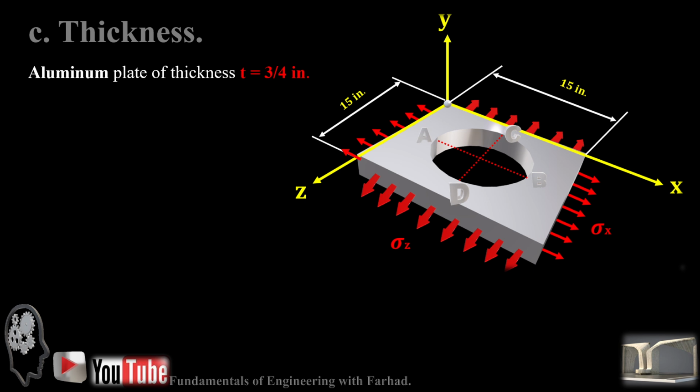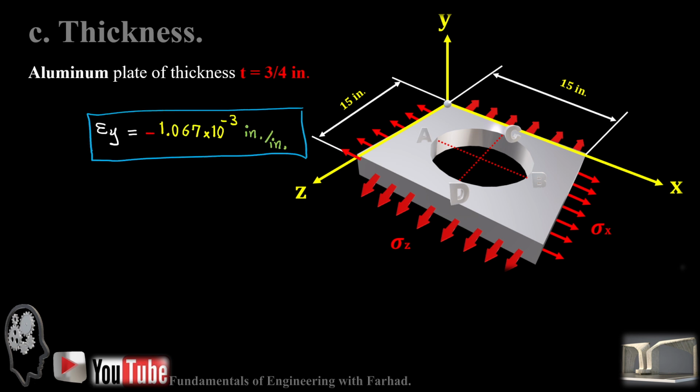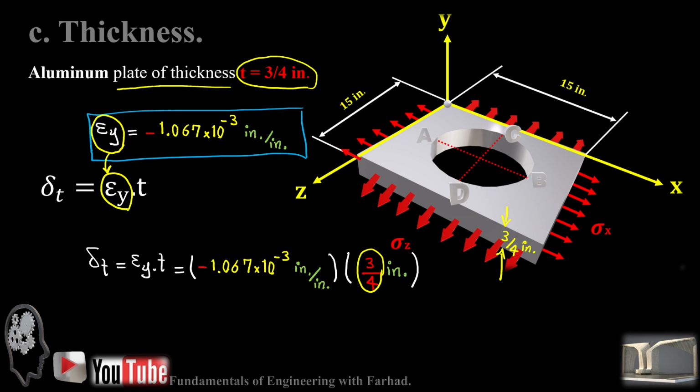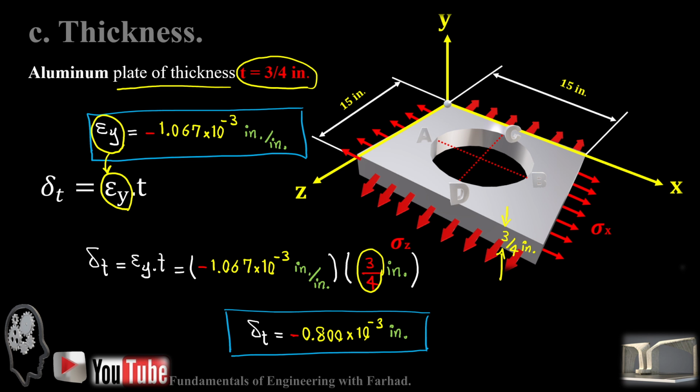The aluminum plate thickness, based on the problem statement, was 3/4 of an inch. Epsilon y is this numeric value, and delta t in thickness is epsilon y times the thickness of the plate, which we know. If you replace the numeric value, it gives us delta t is negative 0.8 times 10 to the negative 3 inches.